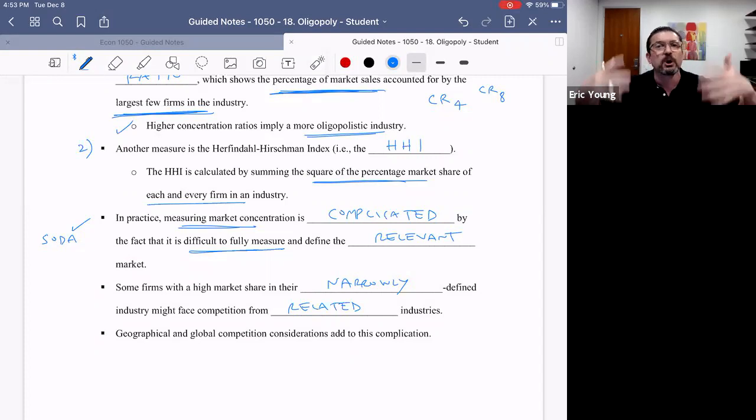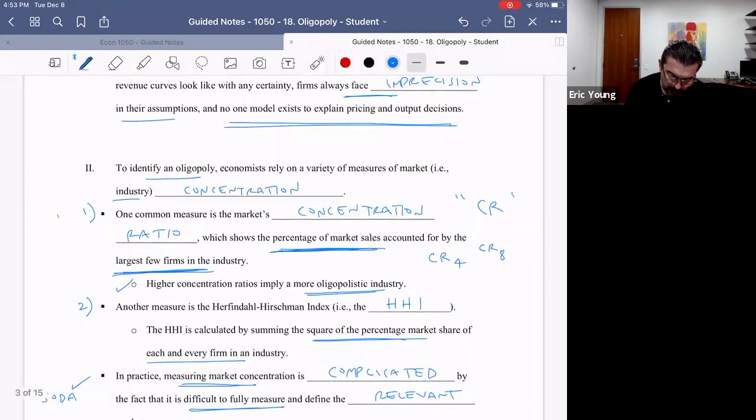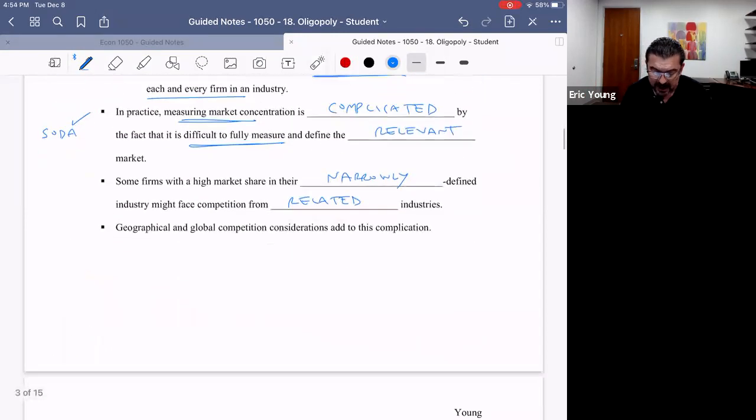You have to be fluid in your thinking in an effort to understand what the real relevant market is. And anytime you're looking at concentration ratios or HHIs, you have to make sure that you're being a creative and critical thinker when you define the so-called relevant market.